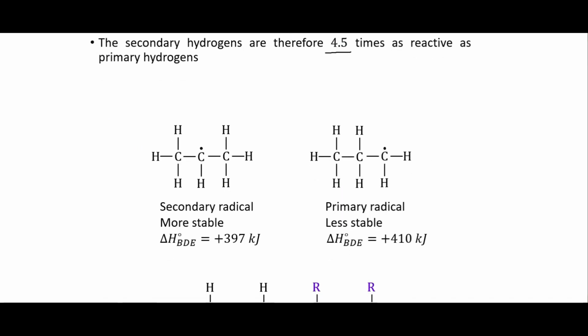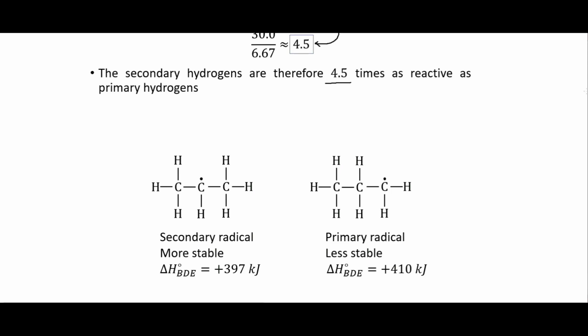And so if we look at these reactive intermediates here, we see that the secondary radical is more stable than the primary radical. So we can look at the bond dissociation energy for these. And so this is how much energy you would have to add to break that bond.